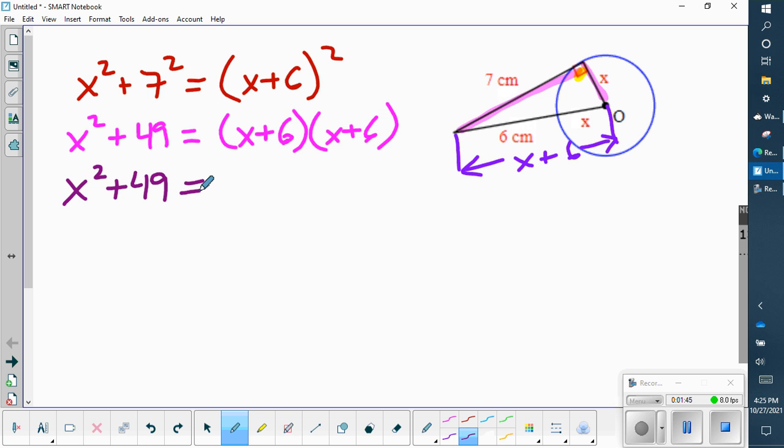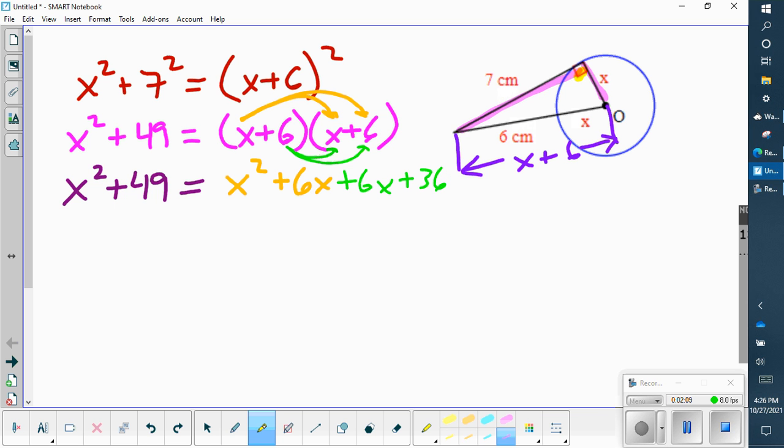Now, in order to get rid of these parentheses, I have to FOIL, which is really just a lot of distributing. If I distributed x there, I would get x squared and 6 times x, just 6x. Then I'll do the same thing right here and here. I would get another 6x and 36.